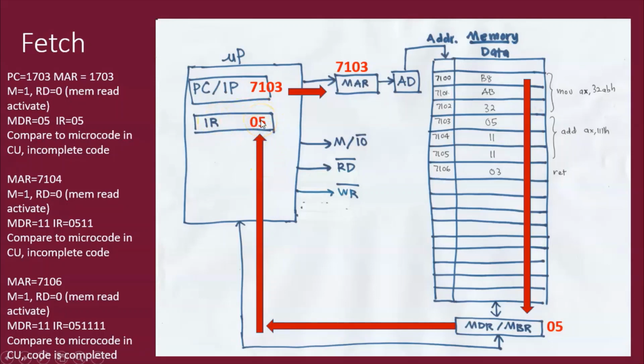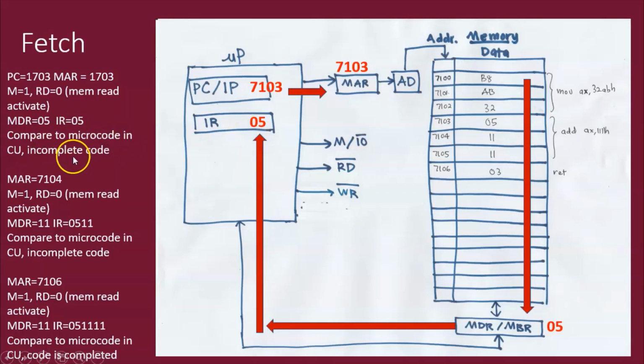Okay. And before I forget, for the memory read operation, the signal for memory read operation must be activated. So this is the step. Okay, first PC, and then go to the MAR, and then the signal, and then go to the MDR, and then go to the IR.